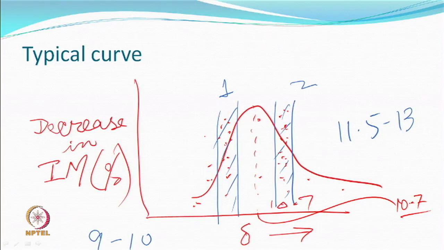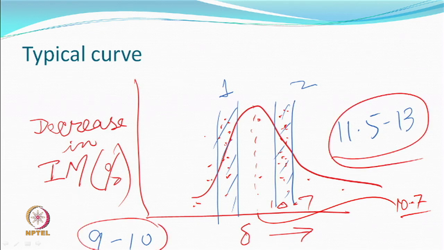So, the theory had completely failed. But they found that on both sides there is some range, let us say between 9 to 10 and between 11.5 to 13, where these solvents were very active. After a bit of study, they understood that polyester has two segments.